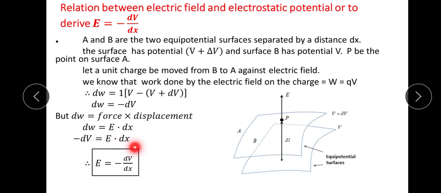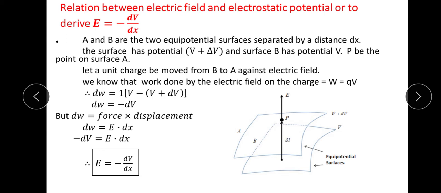So this is the relationship between electric field and potential. This equation is read as electric field is equal to negative potential gradient. So we have minus dV by dx, and this dV by dx is nothing but a potential gradient.